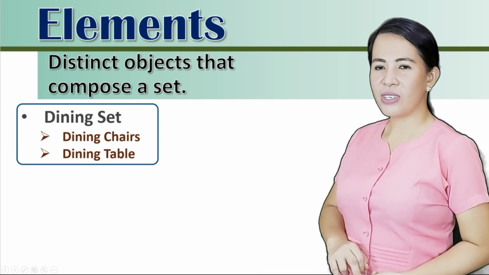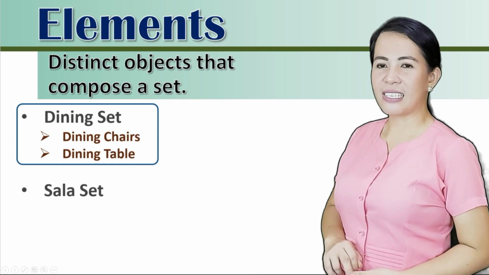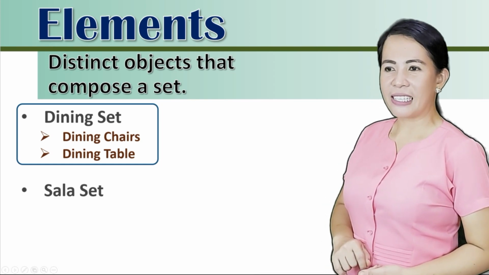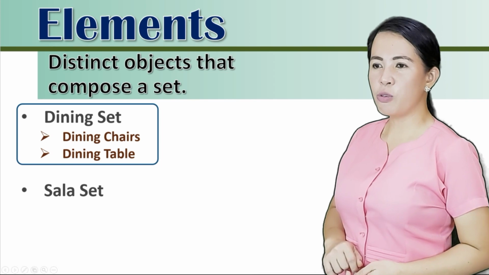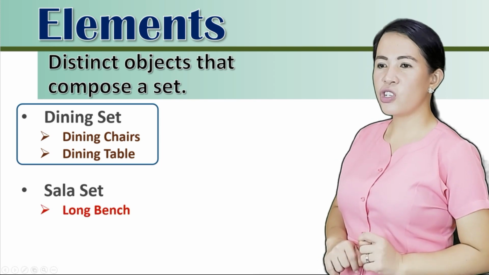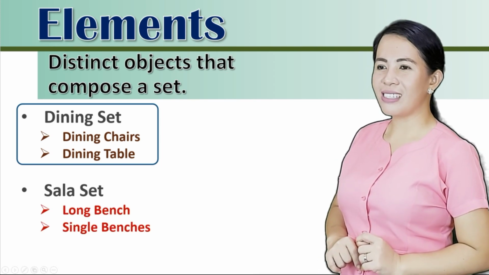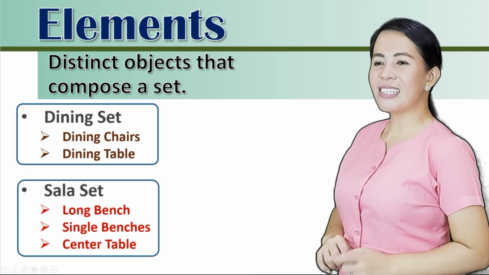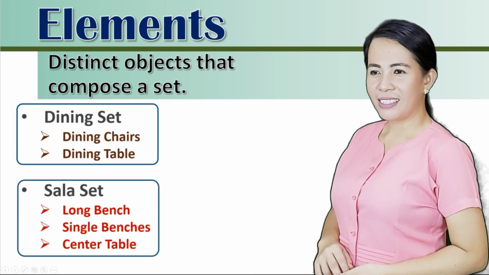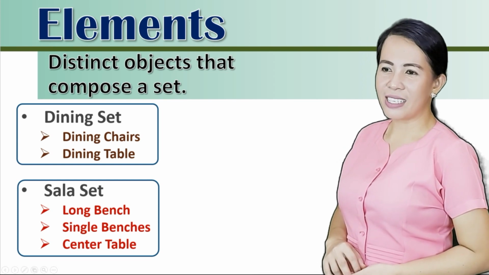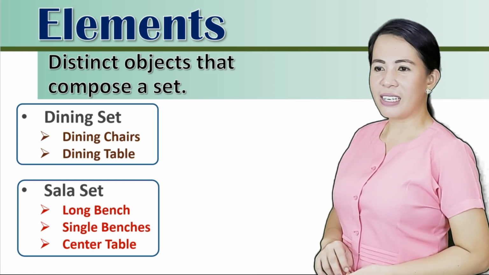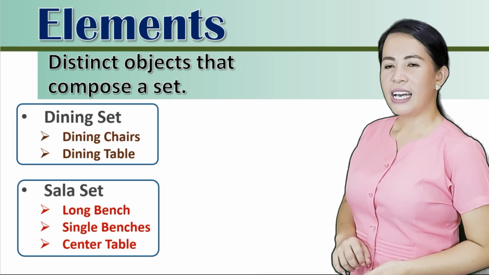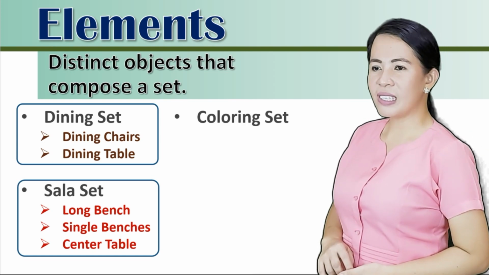What about our sala set? Our sala set has 3 distinct objects: the long bench, the single benches, and the center table. So how many elements does a sala set have? Yes, very good. There are 3 elements in a sala set. How about our coloring set?